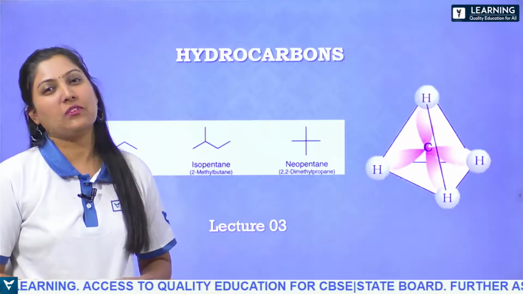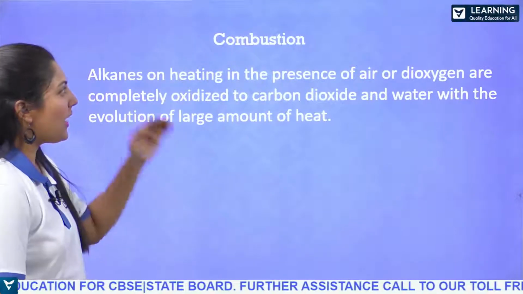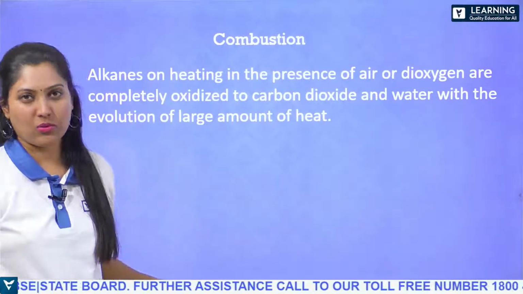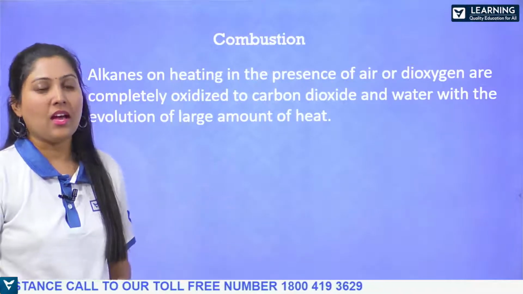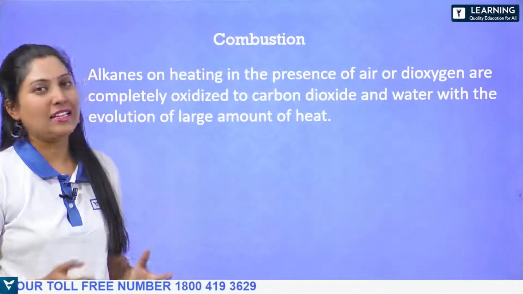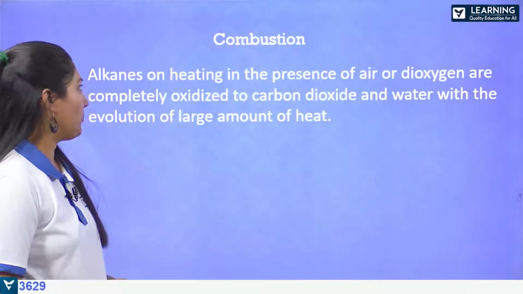What do you mean by conformations? We'll study that. Here we have the first property of these hydrocarbons, where they undergo oxidation and give lots of heat and light energy, which we term combustion.